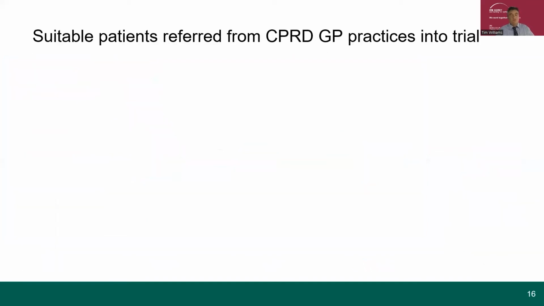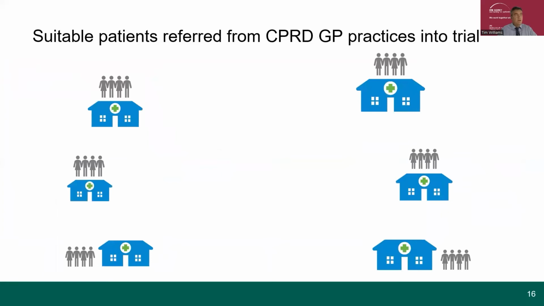So how it works in a schematic sort of way: let's say we have a particular site in mind, a recruitment site in mind, and we've got 6 practices around there.